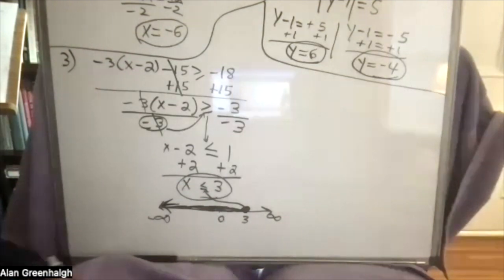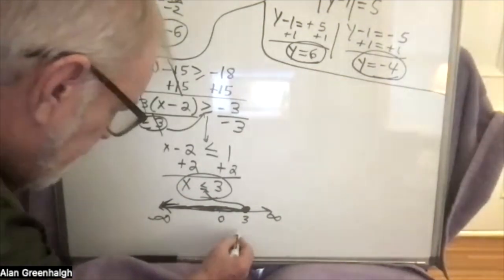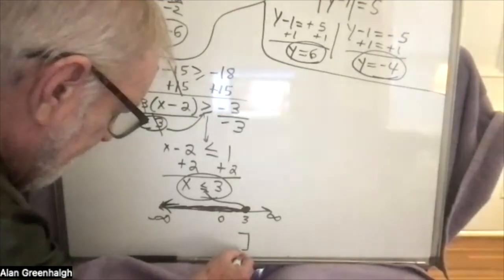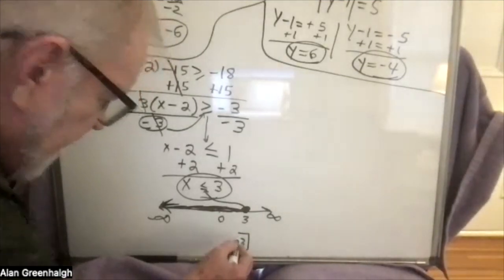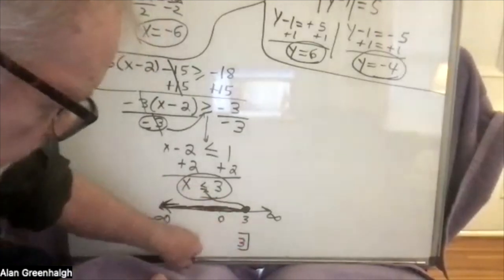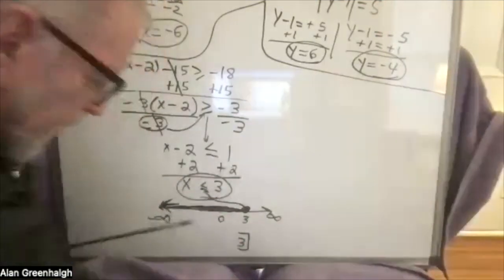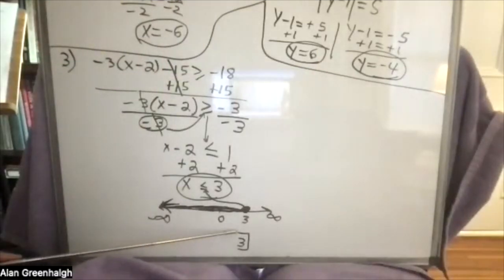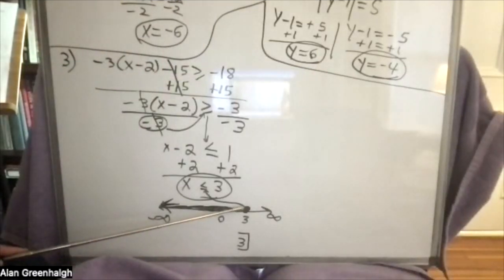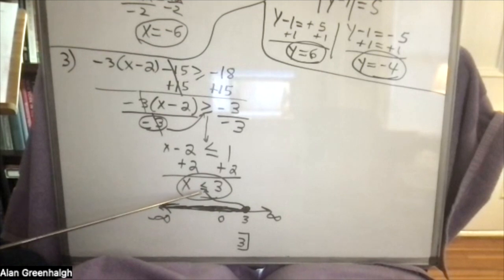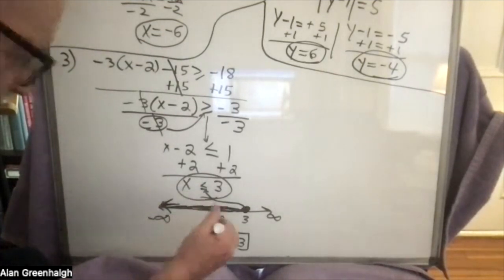And in interval notation, it will be 3, and it'll be brackets, again because that's shaded in, and that's a line underneath the inequality.